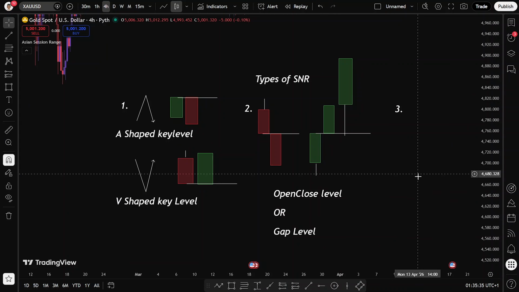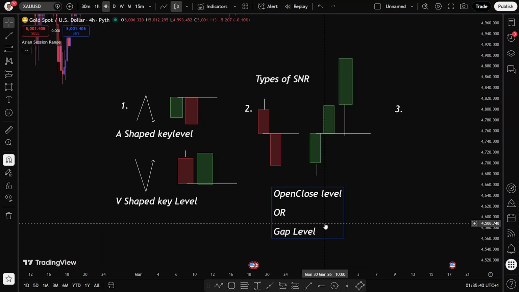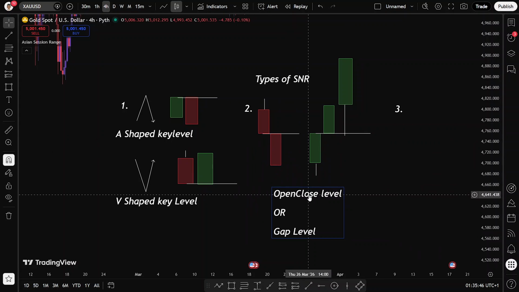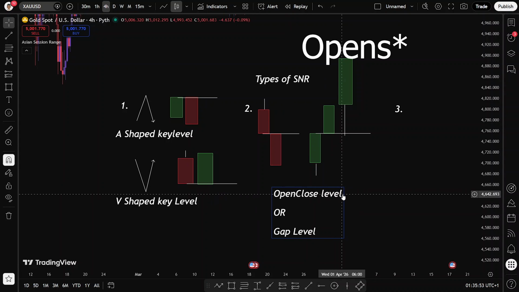So guys, I want to clarify something. In open close or gap level, we're marking out our gap level or open close level. This is why it's called open close level, because price closes here and price closes here. That's why it's called open close level.